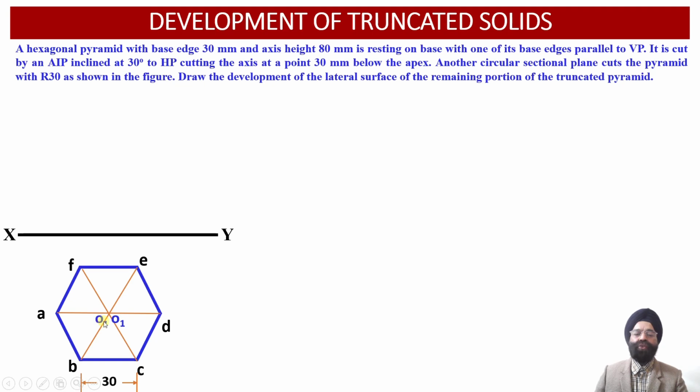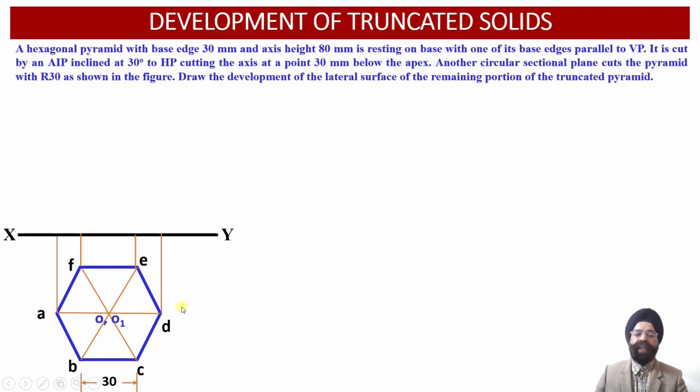Point O happens to be the apex point corresponding to the axis, whereas point O1 happens to be the axis point which is available at the base of this hexagonal pyramid. And another thing we should understand: as the observer will be looking at this hexagonal pyramid from the top, all the 6 slant edges OA, OB, OC, OD, OE and OF are visible to the observer.